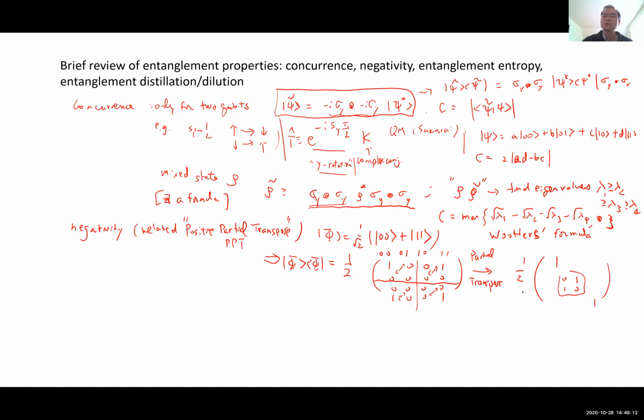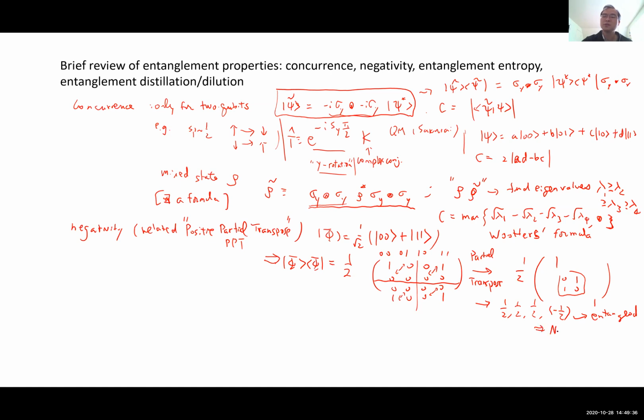This has eigenvalues 3 of plus 1/2 and 1 of negative 1/2. So this means that it's entangled because you have a negative eigenvalue after partial transpose.